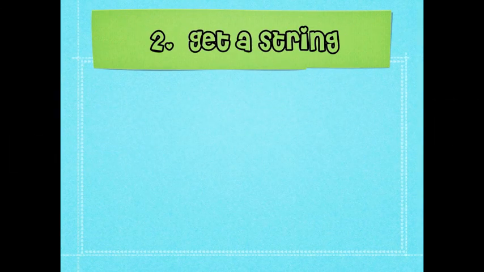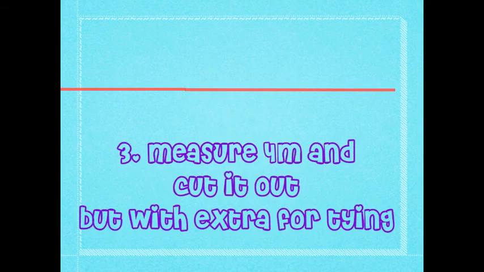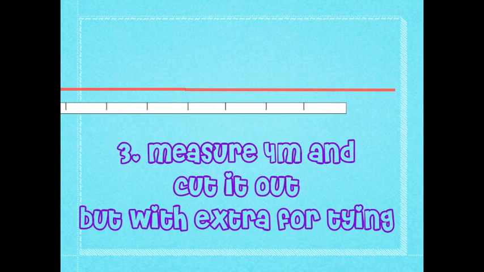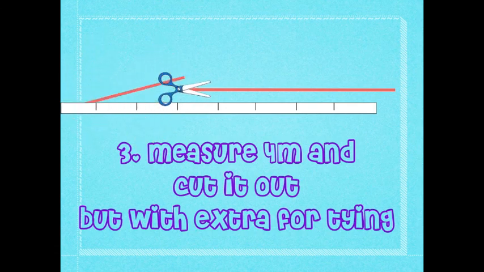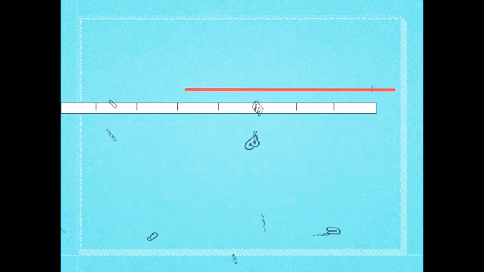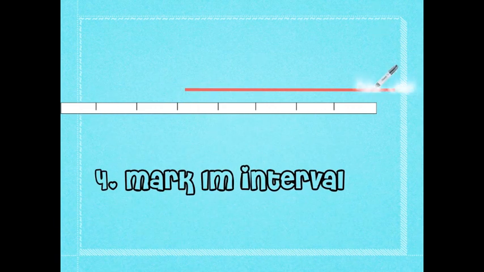Now, to make a grid pattern, get a string. Then measure 4 meters, with some extra for tying later, like this, and cut it out. Then mark 1 meter intervals like this for convenience when tying later.